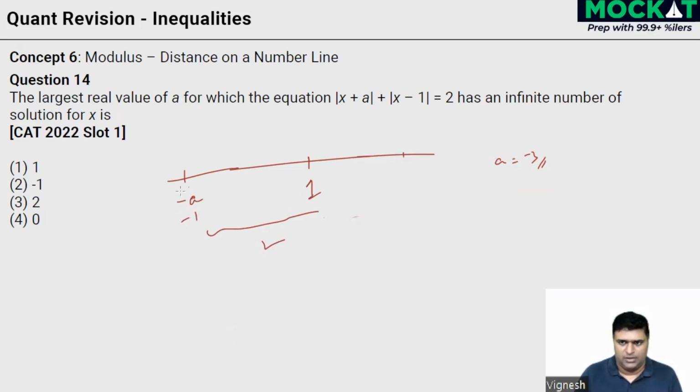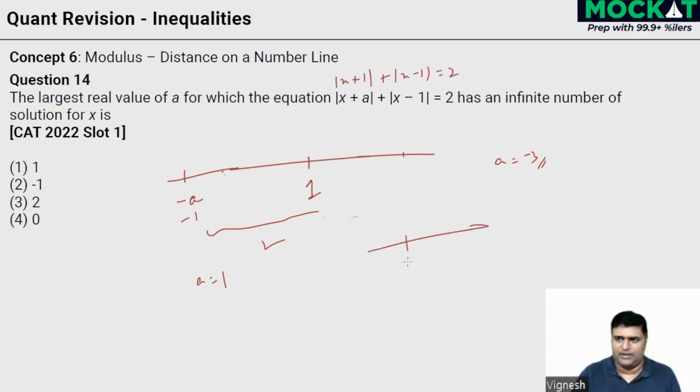If minus a is minus 1, then what happens? All the points between minus 1 and 1, if you plug them in as x values, will satisfy that the sum of distances is 2. So if minus a is minus 1, then a is 1. It's nothing but modulus of x plus 1 plus modulus of x minus 1 equals 2.